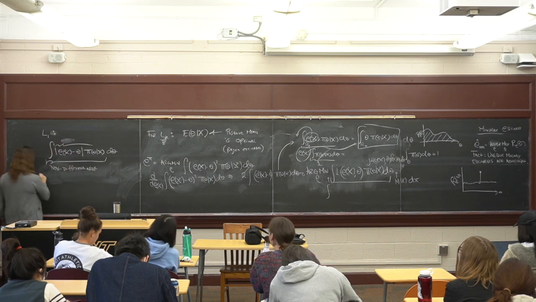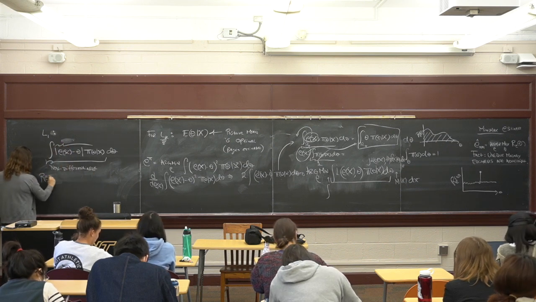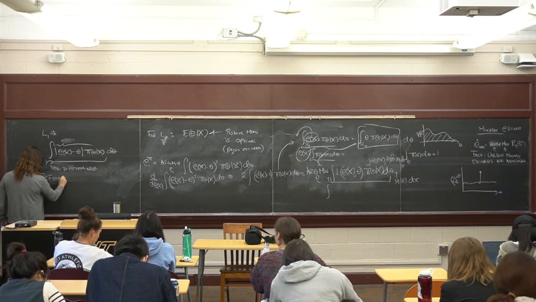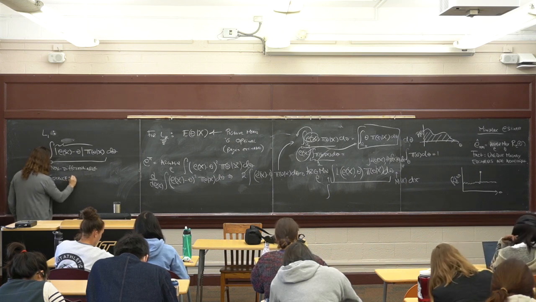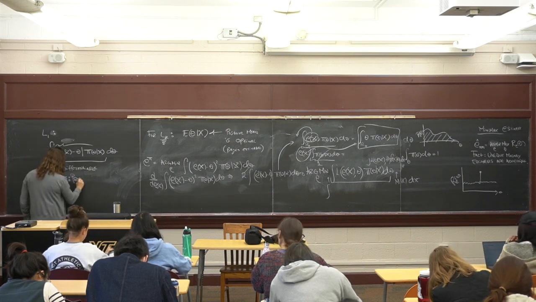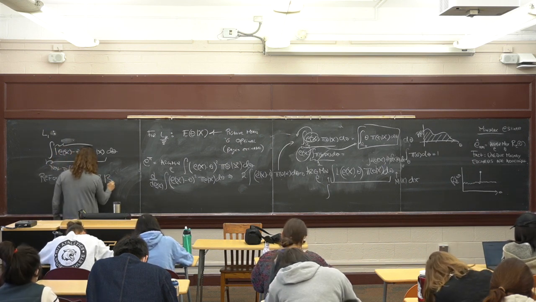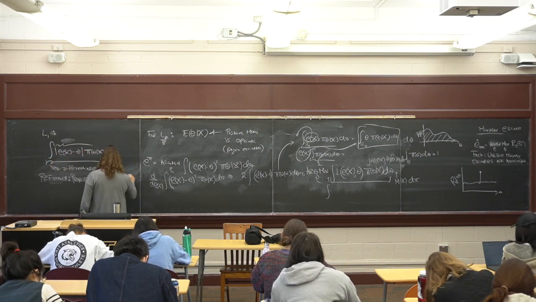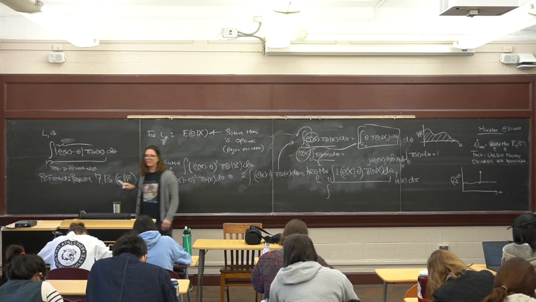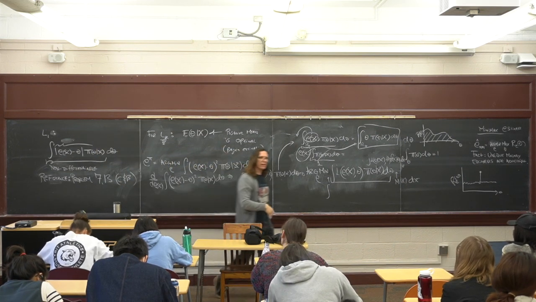I'm going to refer you to a problem in the book that will show you how to solve this. Problem 7.13 in Casella and Berger. And the solution to this is in the solution manual.